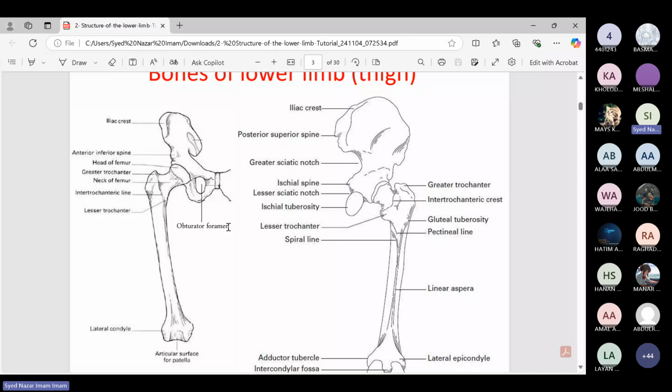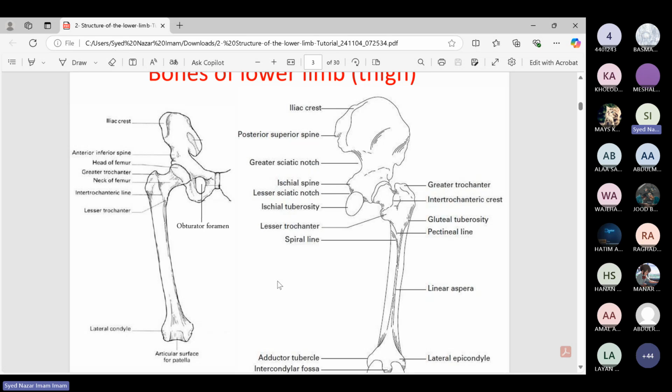Now, why are we dividing this into three different parts, the medial part, the posterior part, and the anterior part? Because you have already learned that in the thigh region, we have three different muscle groups or three different compartments. What are the compartments? We have the anterior compartment, the medial compartment, and then the posterior compartment. Okay, so we are going to see the different muscle groups.